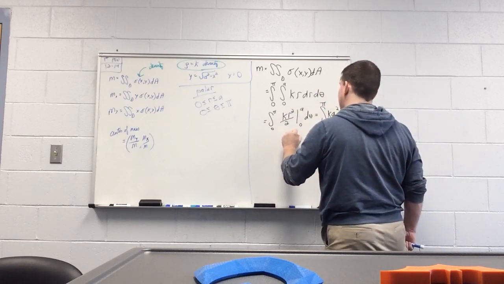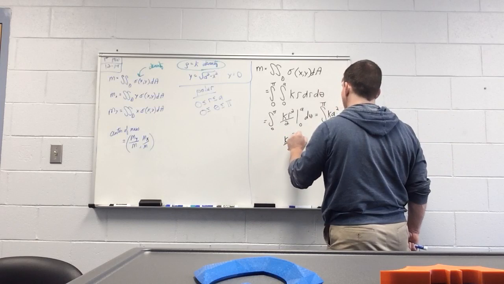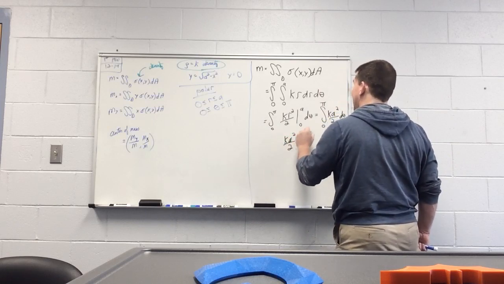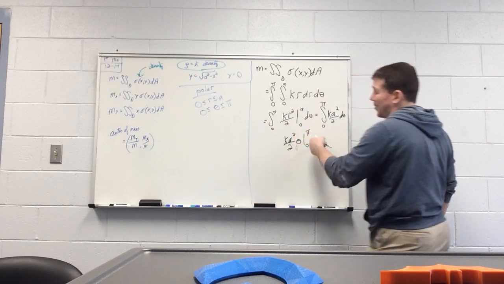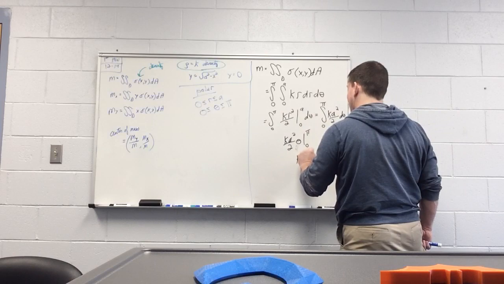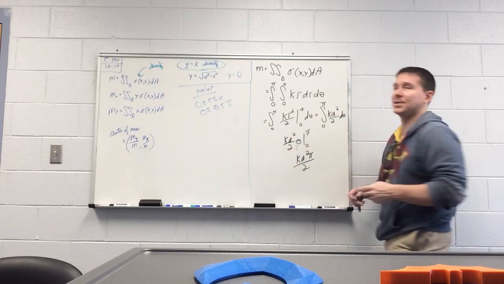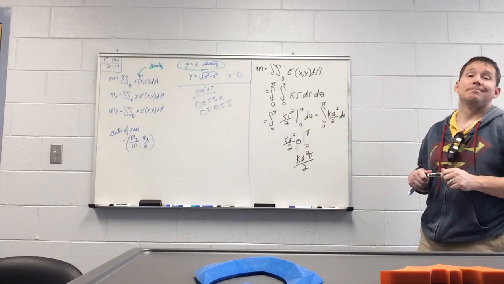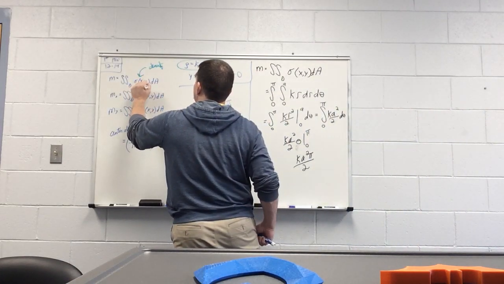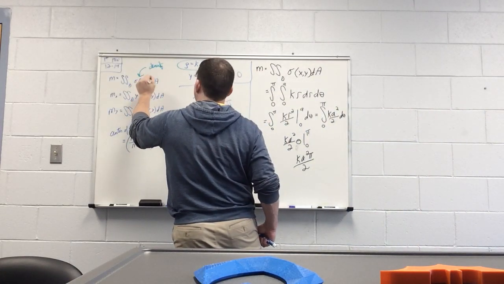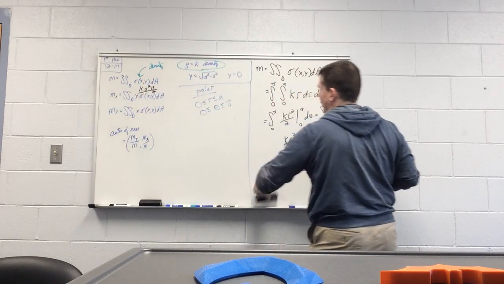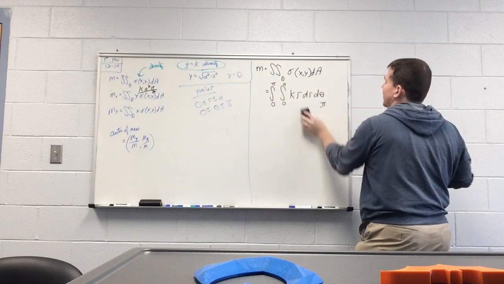So I get k A squared over 2 times theta, evaluated from 0 to pi. Again, the 0 doesn't matter. So I get k A squared pi over 2. And there's my m. Now, because I'm going to need all these, I'm going to have to erase. So m is k A squared pi all over 2. It's 1/3 of the way done.